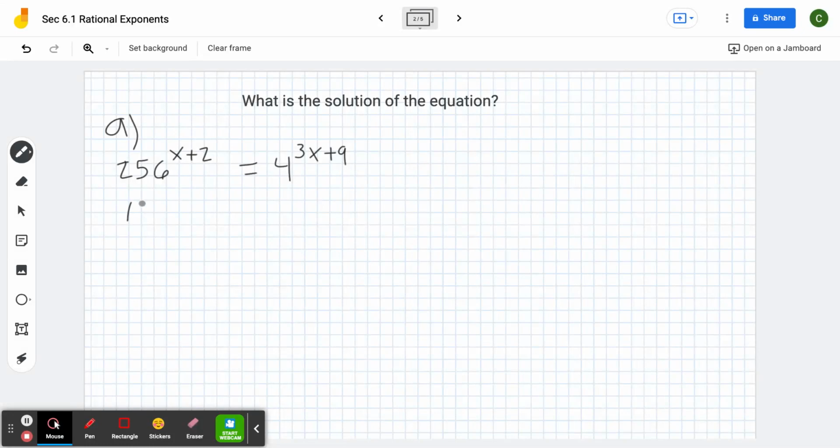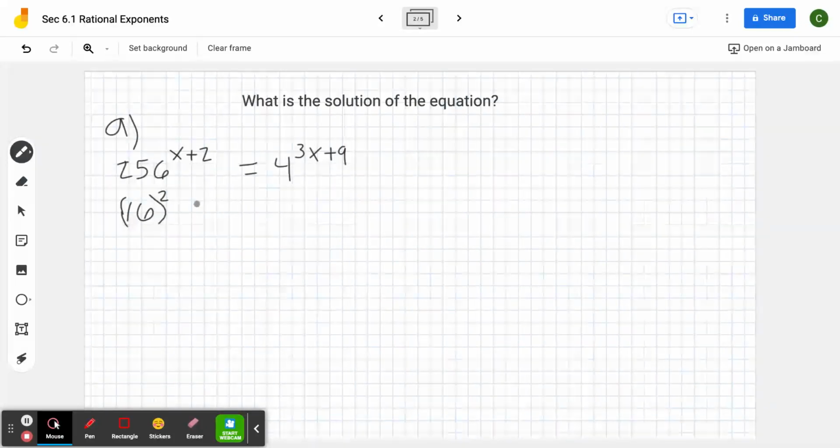So 16 squared will give me 256. And remember, this is being raised to the x plus 2 power. So really I have 16 squared, and that's being raised to the x plus 2 power.